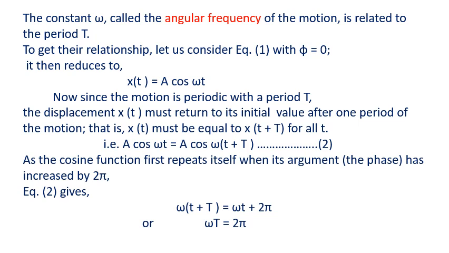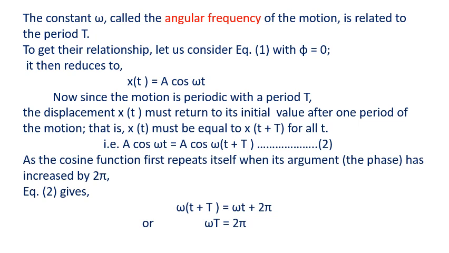Now since the motion is periodic with the period T, the displacement x must return to its initial value after one period of motion, that is x(t) must equal x(t plus capital T) for all values of small t. Means a cos omega t equals a cos omega(t plus capital T).